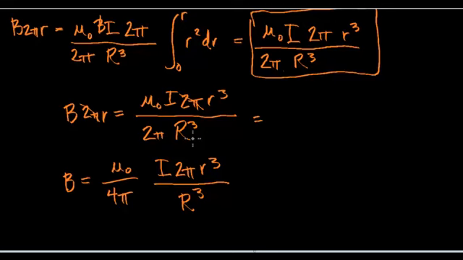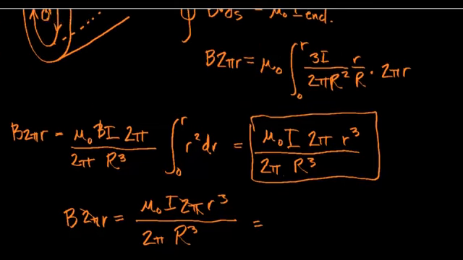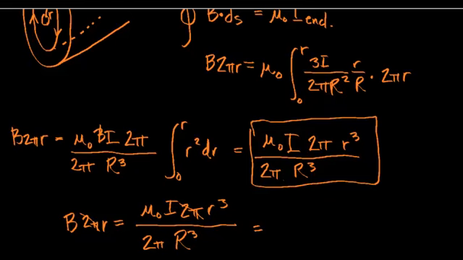Can't remember if that's what's in the back of the book, but that is indeed what the answer should be. Mu sub naught I r squared. So I must have lost an r somewhere.